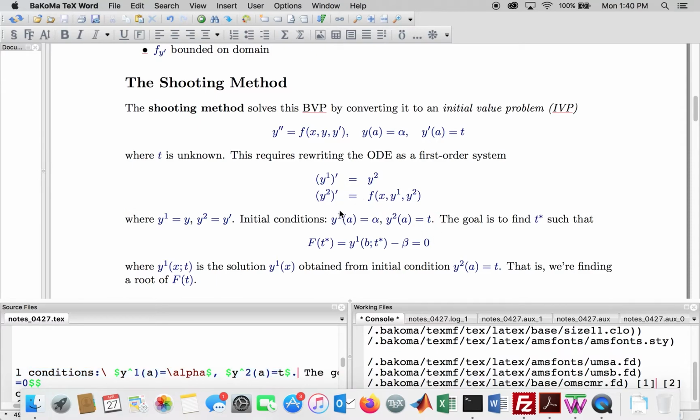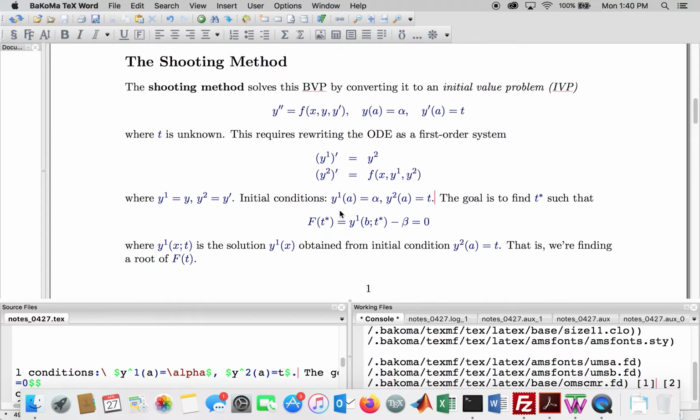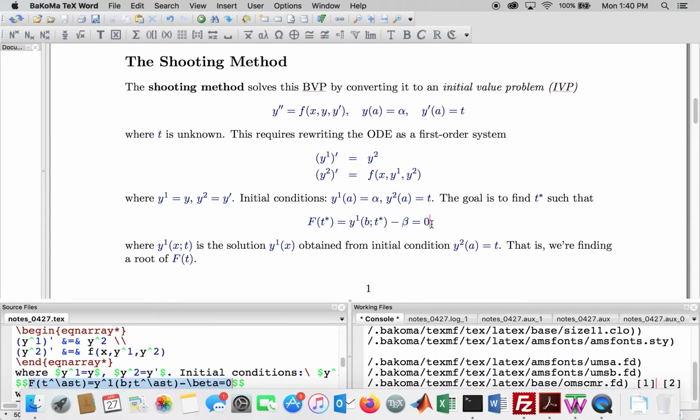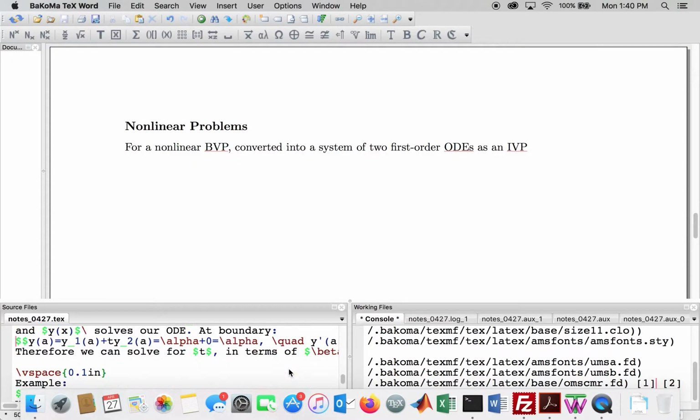So what we do now is try to find a root of this function using whatever root finding method we can, because now it is a nonlinear equation.